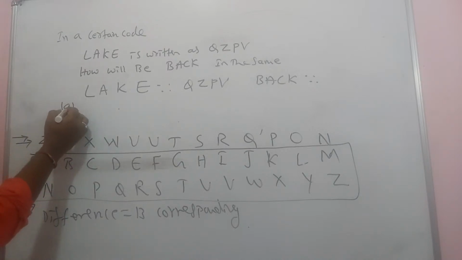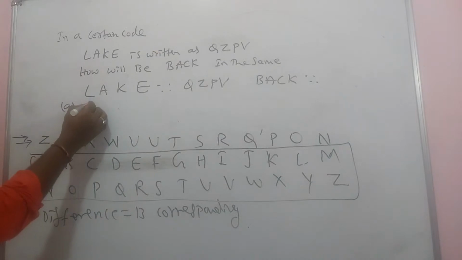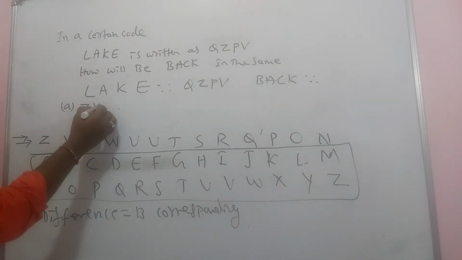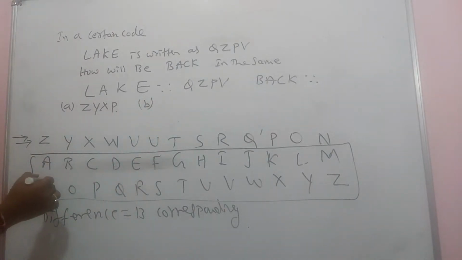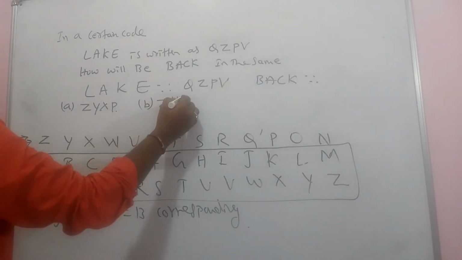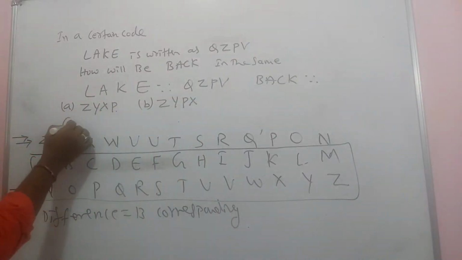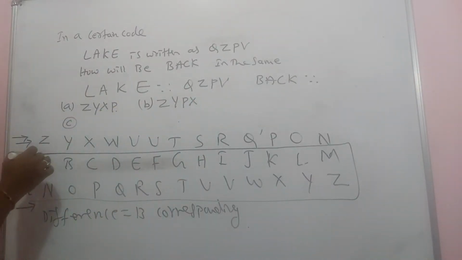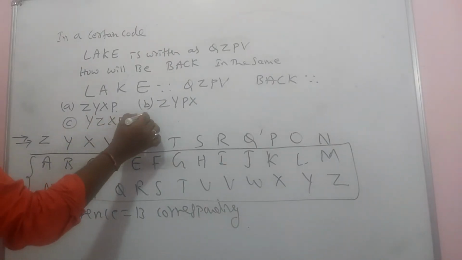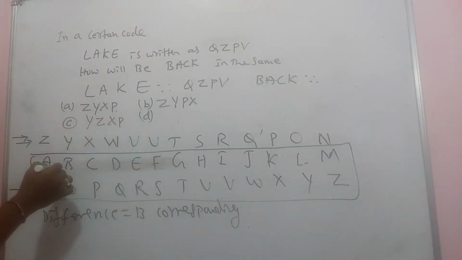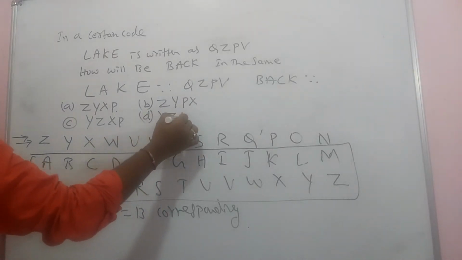Option A is ZYXP, option B is ZYPX, option C is YZXP, and option D is YZPX.